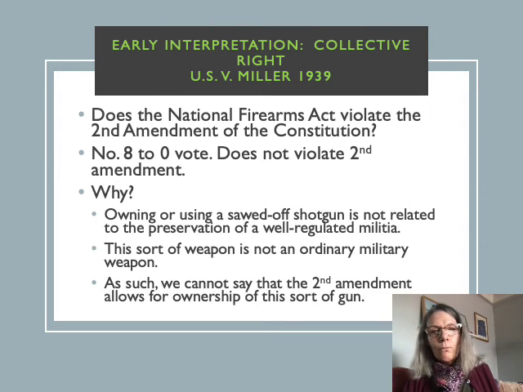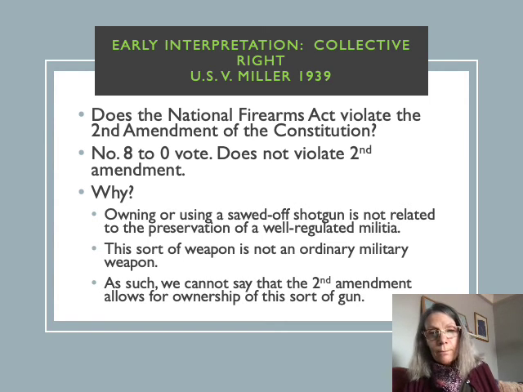However, others say this is still about an individual right to bear arms, because individuals have to be able to bear arms in order to staff a militia. They're also saying that you can bear arms individually, you just can't bear certain kinds of arms, non-military sorts of arms.